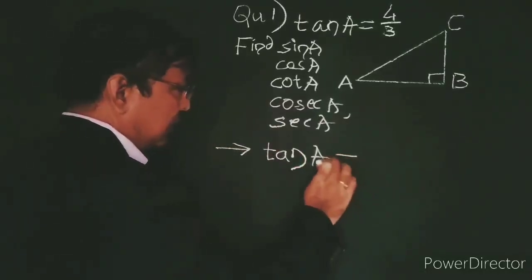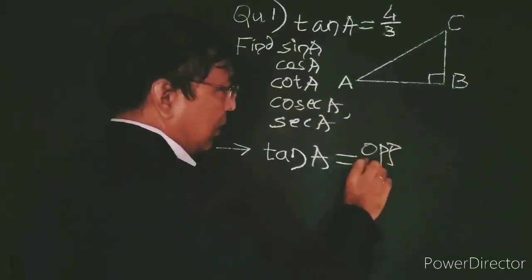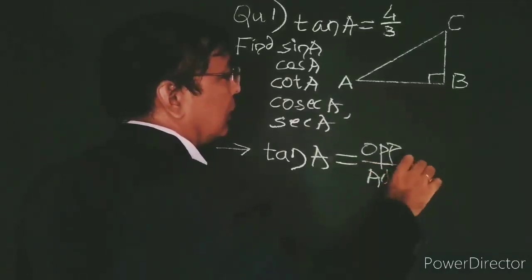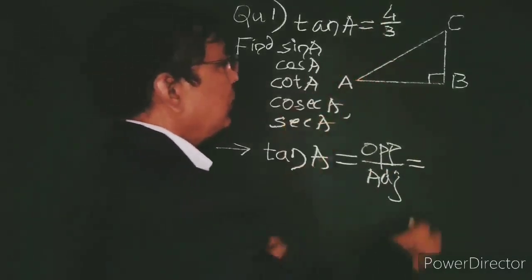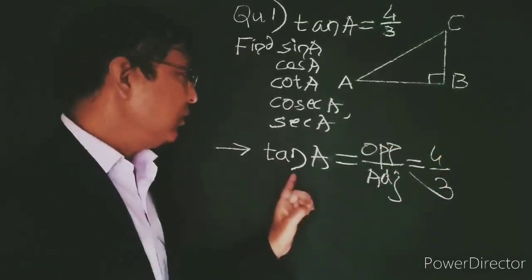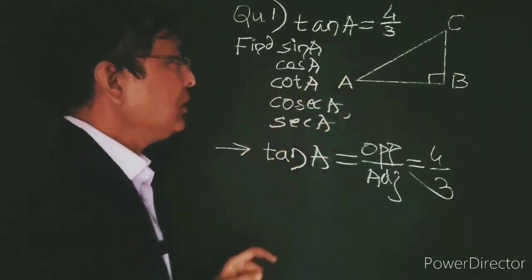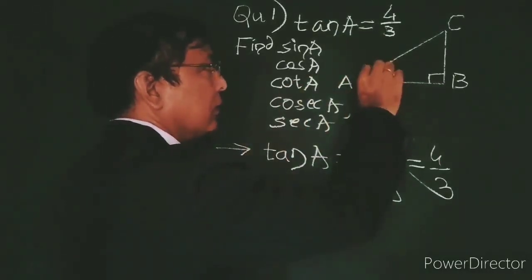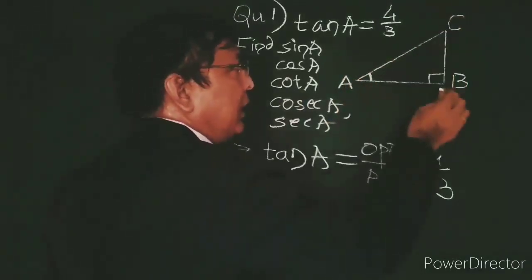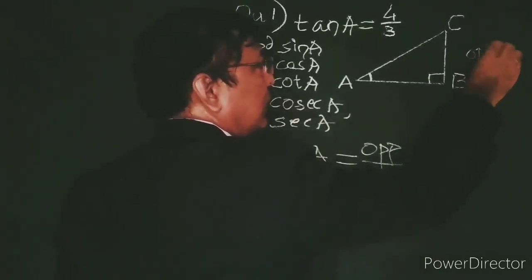Here one ratio is given, that is tan A. Tan A is nothing but opposite side upon adjacent side. The value given is 4 upon 3. Here we have to observe this triangle from the angle A. The side BC is the opposite side.